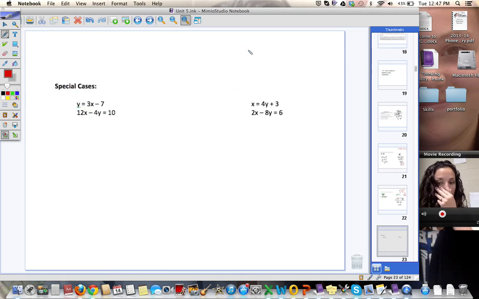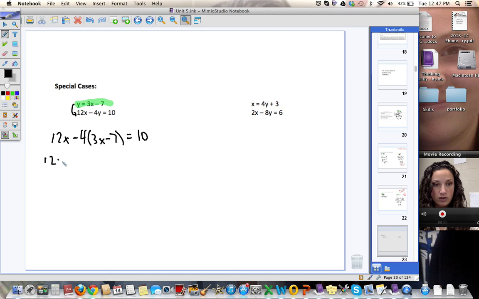All right, special cases. So here we go. This one looks the easier one to me because it's already y equals something. So I'm going to plug in 3x minus 7 wherever there's a y into this problem now. So 12x minus 4, instead of y, I'm going to write 3x minus 7 equals 10.